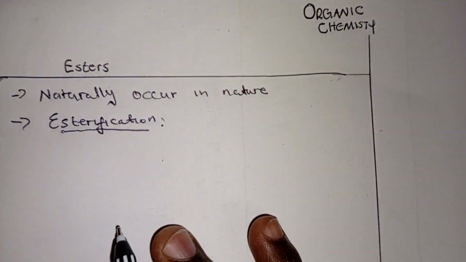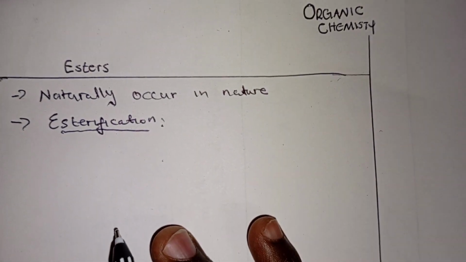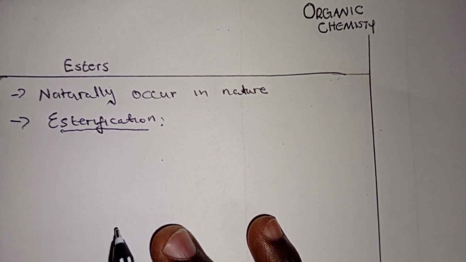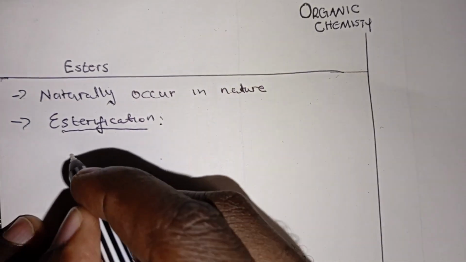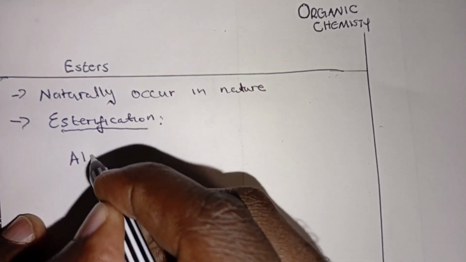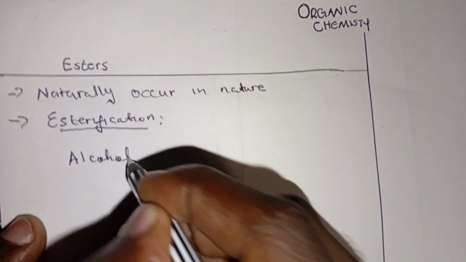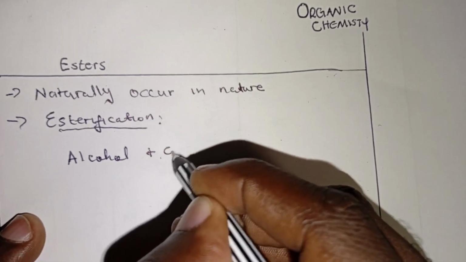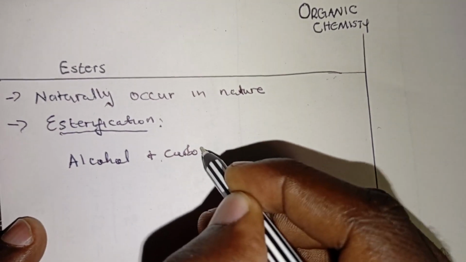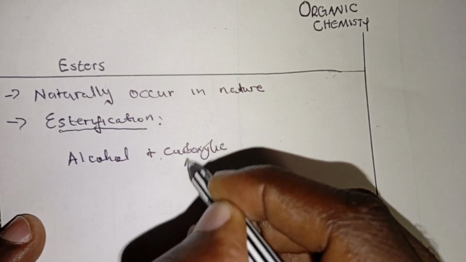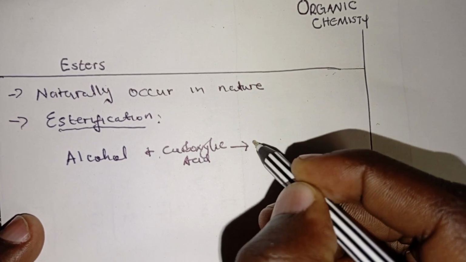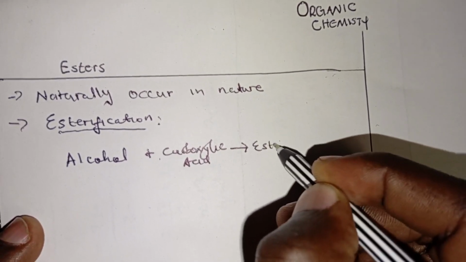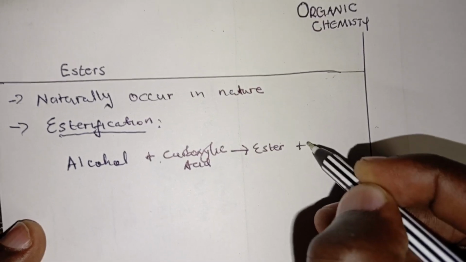Esterification is basically just a process of making an ester by combining alkanols and carboxylic acids. So here you need an alcohol plus a carboxylic acid. This will give you an ester plus water.